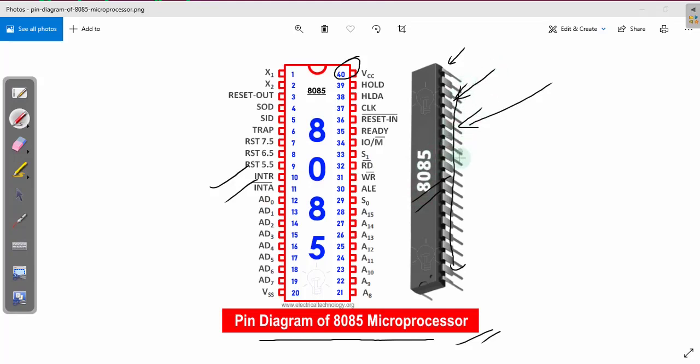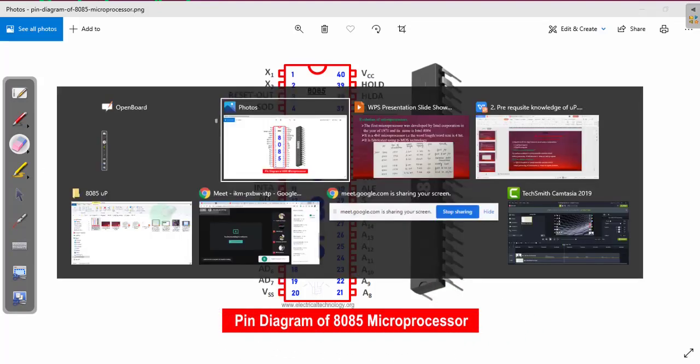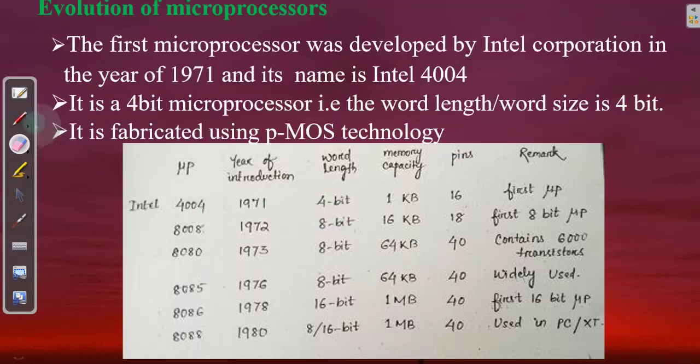So the pins will be 40 in number. That you have to keep in mind. I am showing you here just to solve your curiosity about what is meant by pins. Now let's move forward. I request everyone, please remember this for exam purposes. I hope you can do that.